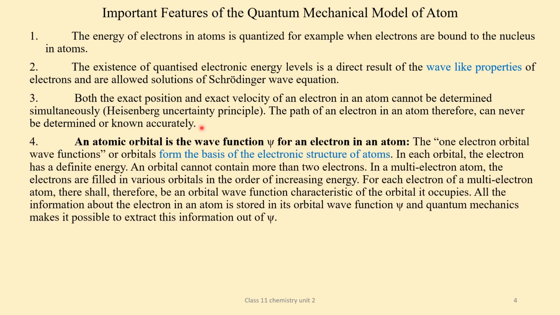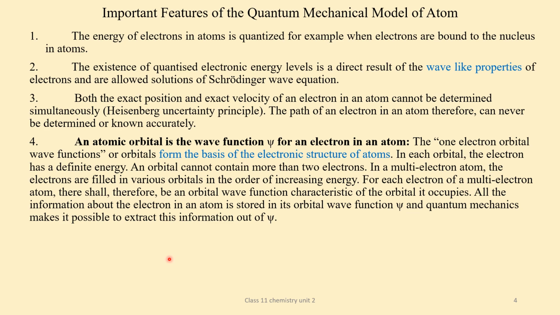An atomic orbital is the wave function psi for an electron in an atom. Please note that psi, the wave function, is an atomic orbital. Whenever an electron is described by a wave function psi, we say that the electron occupies that orbital.